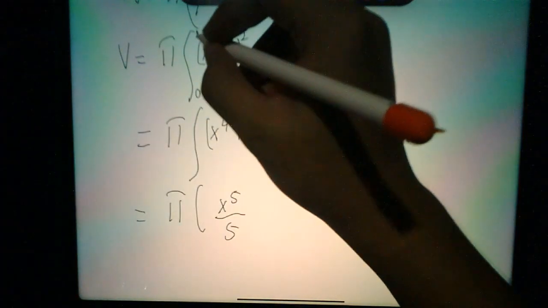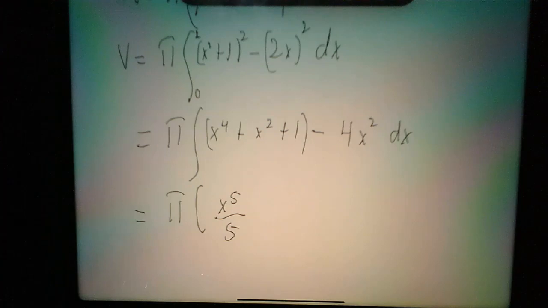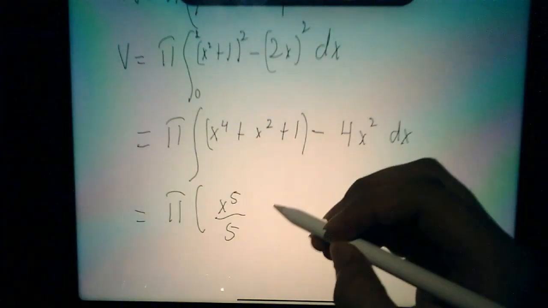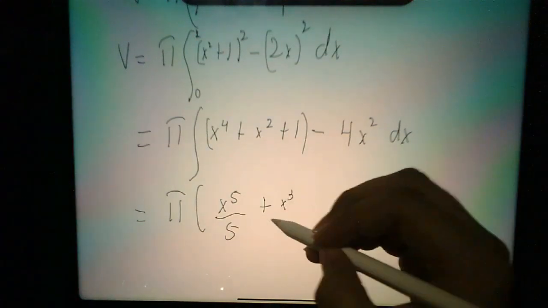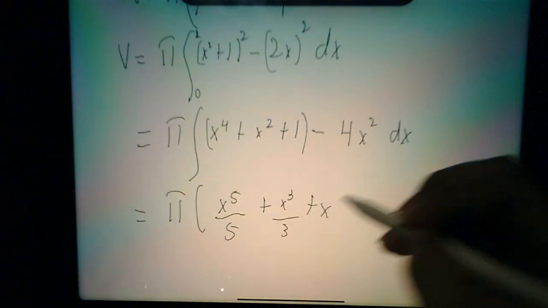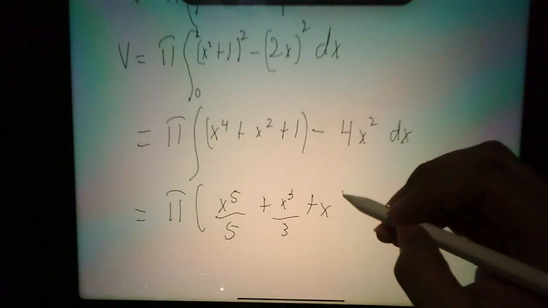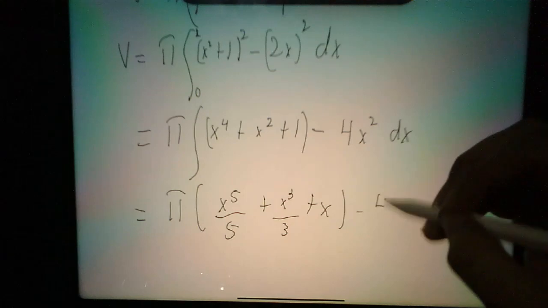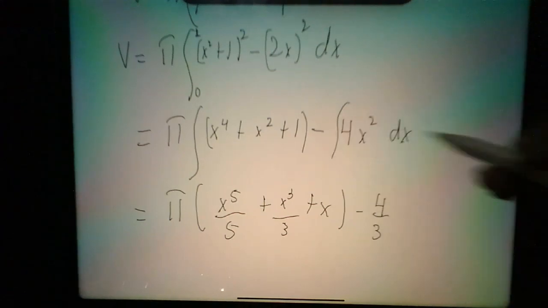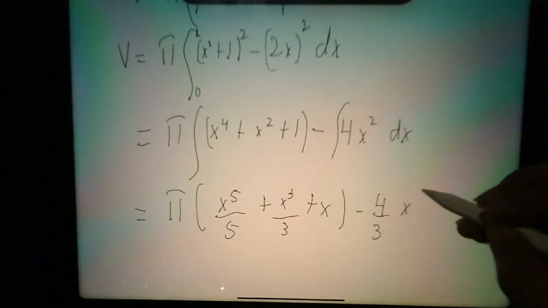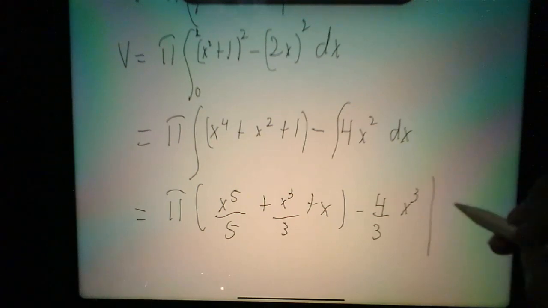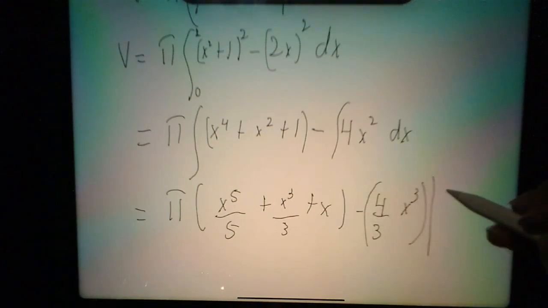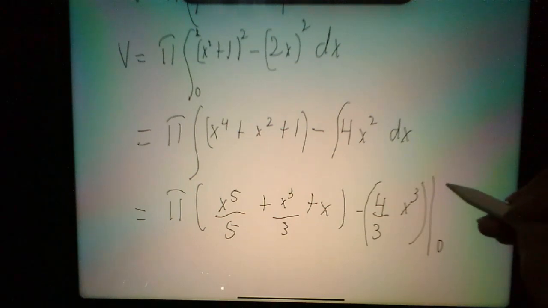So we get x to the 5 over 5 plus x cubed over 3 plus x, minus 4. The integral of 4x squared is 4/3 times x cubed, from limits 0 to 2.